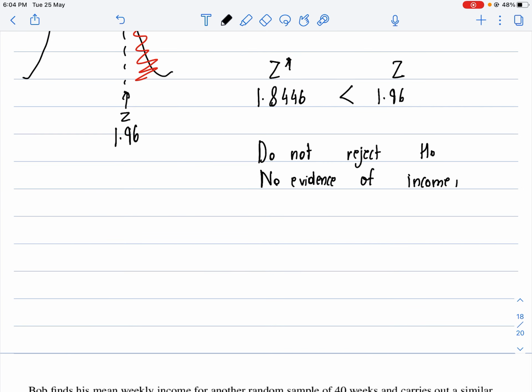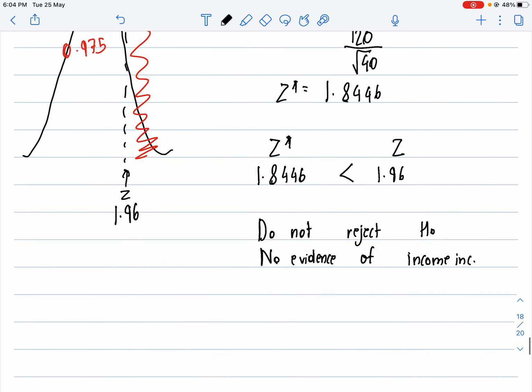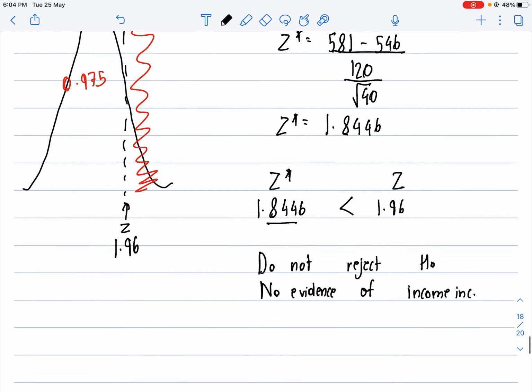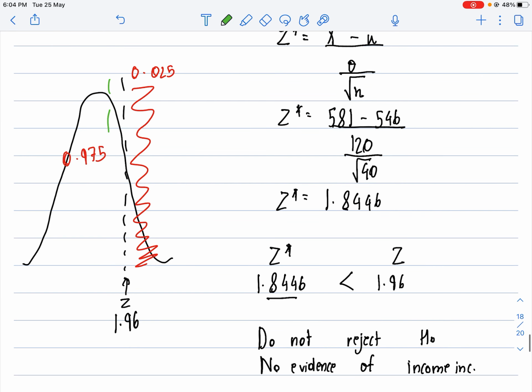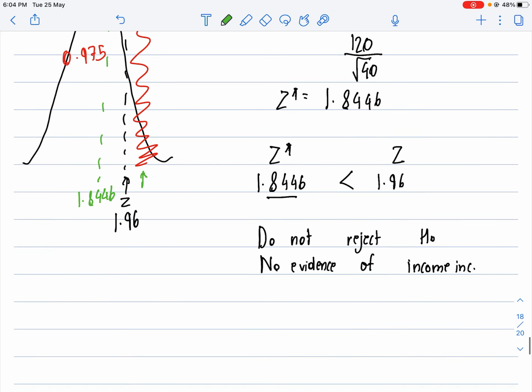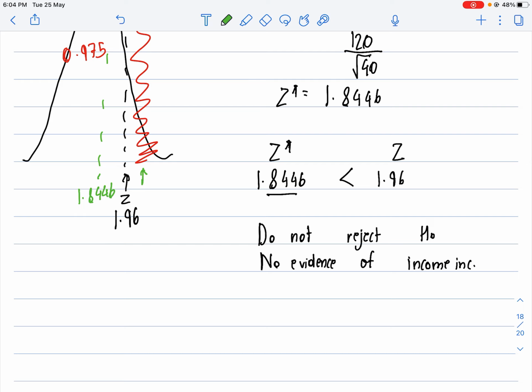Just think about it graphically. I have 1.8446, denoted by the green line, which will lie somewhere here, which does not lie in the shaded area. That means I do not reject my null hypothesis. I reject the claim of the alternative hypothesis.